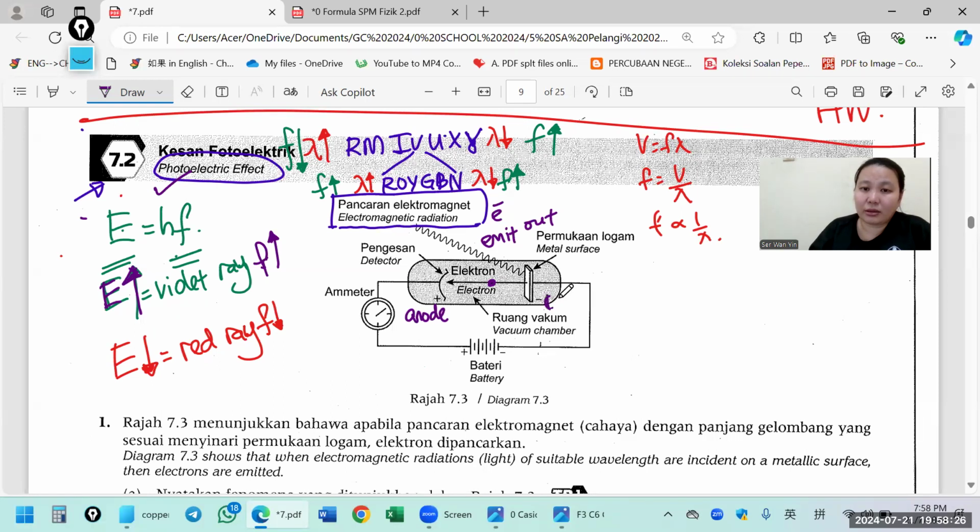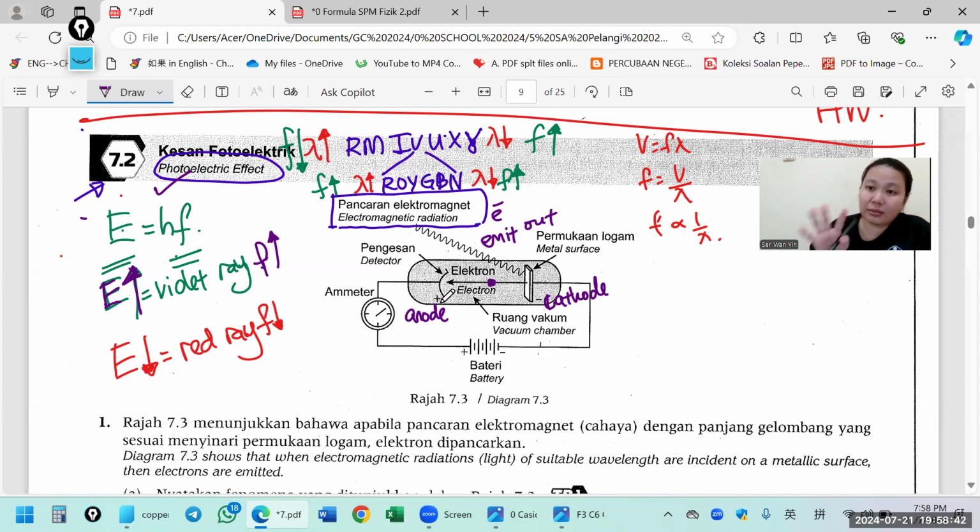This is the cathode. When the electron is released from this surface, we call it the cathode. And the one that accepts the electron, because electrons are attracted to positive, we call the anode.